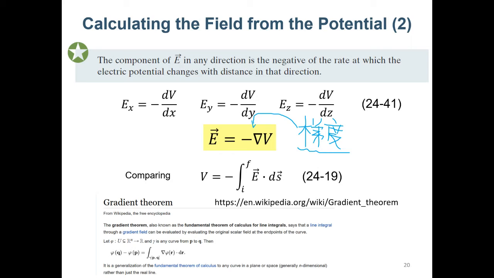Just in the previous slides, we know that V will be the negative line integral of E over a path, and we can write that this is equivalent to this one. So it's just like the fundamental theorem of calculus. When you learn single variable calculus, you know that suppose you have a function capital F of x. If you take the derivative with respect to x, it will become small f of x.